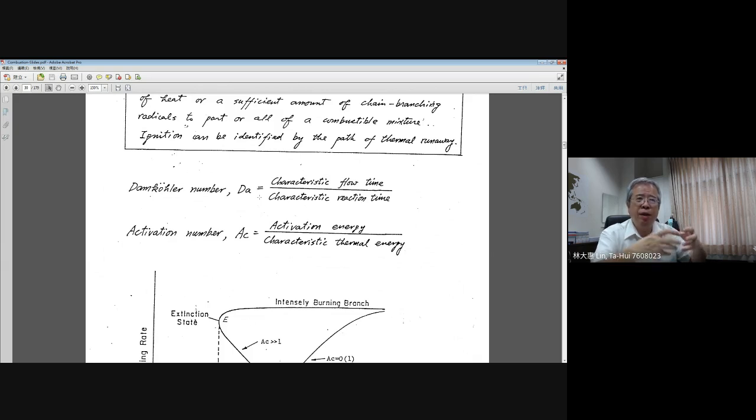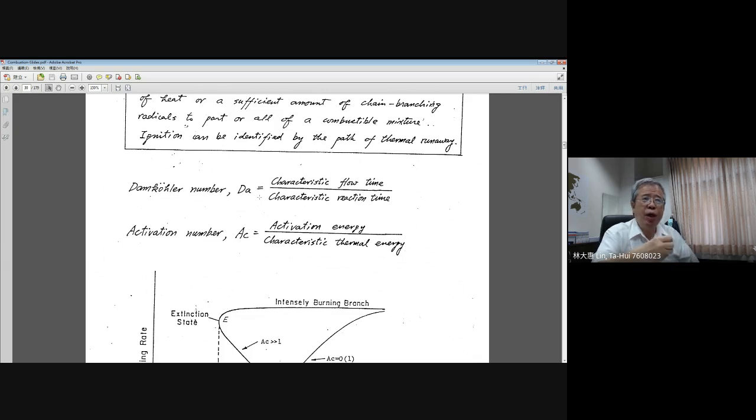But sometimes in your control volume near the ignition point, maybe you do not have enough fuel or enough oxygen. If you are under a very thin mixture case, the reactivity of the mixture is very low.